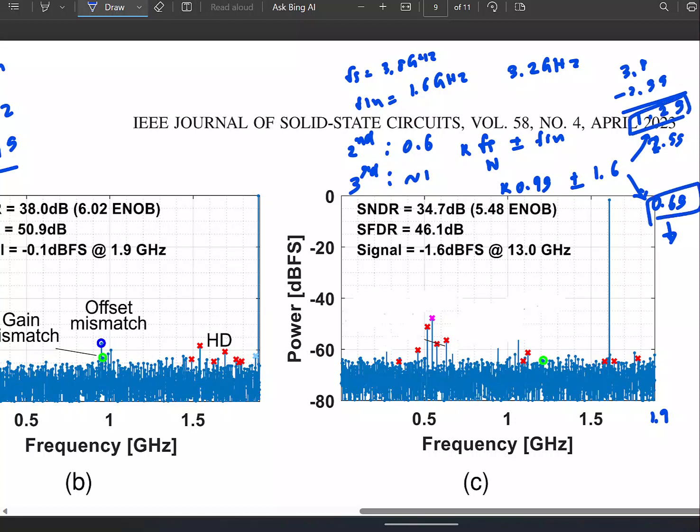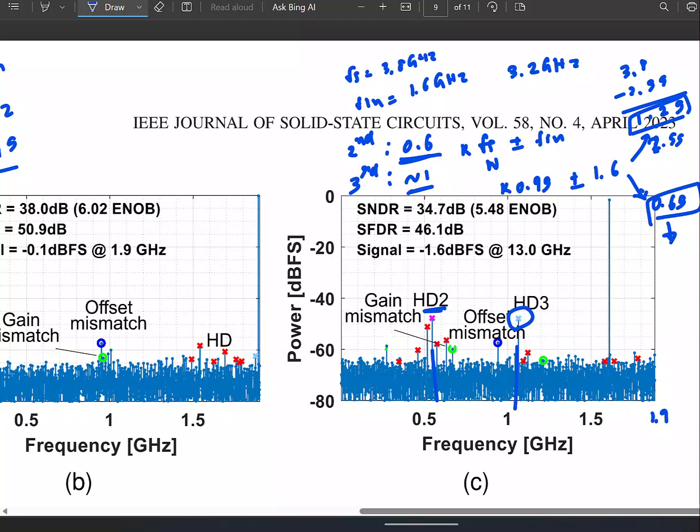Okay. So again, I'll remove this and show the results. Let's look at everything. Second harmonic was supposed to be at 0.6. This is HD2, the second harmonic, somewhere around 0.6. Third harmonic is around 1. So this is the third harmonic, around 1.